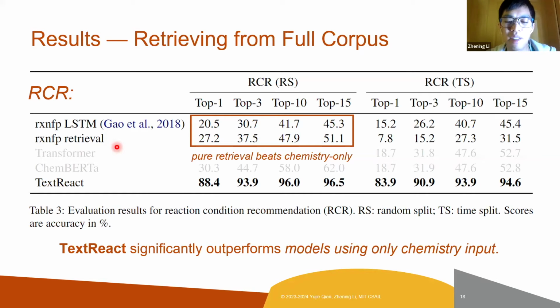And it simply outputs the reaction conditions of those nearest neighbors. So it does not try to do any inference. And we notice that just by doing that, we already outperform this previous deep learning baseline that actually tries to predict the reaction conditions using just the inputs, using a neural network. And this gives us more confidence that retrieval is very helpful for the reaction condition recommendation task.